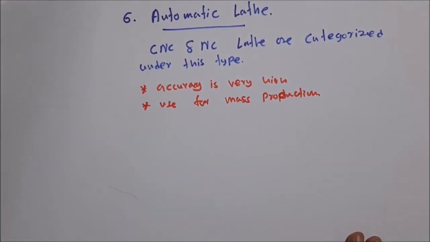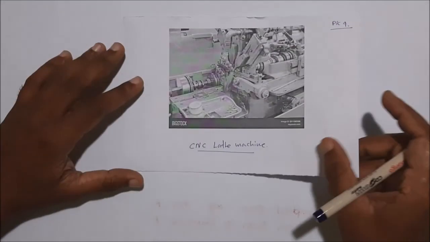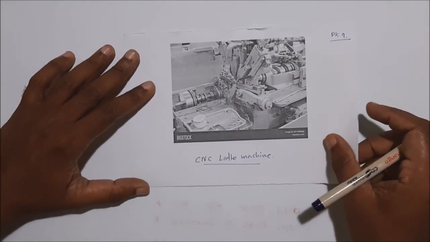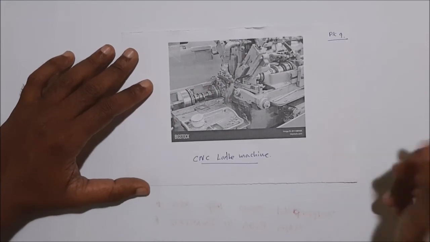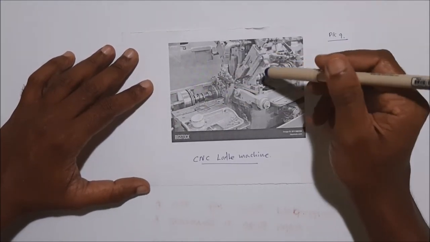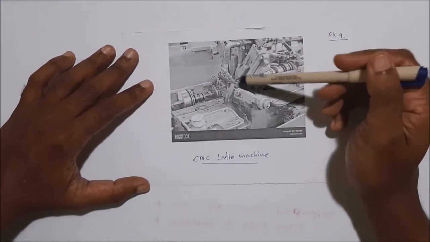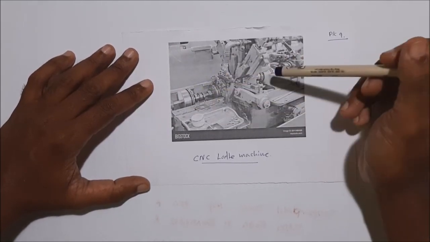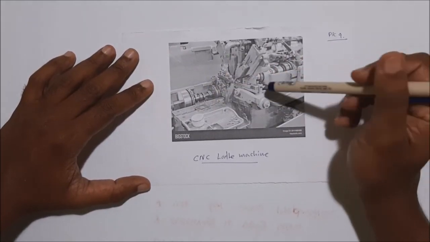Then I will show the picture of this CNC lathe machine. You can see there's a tool bank. When required, the tool is engaged for the tool movement.